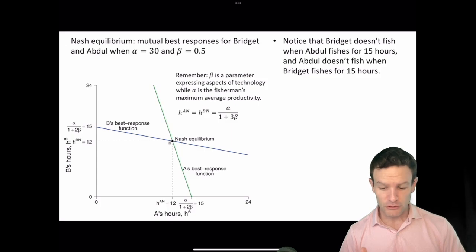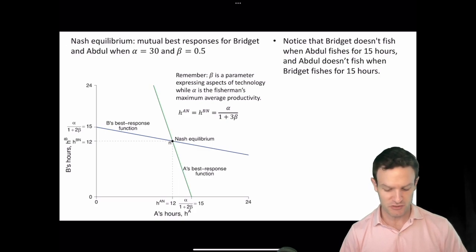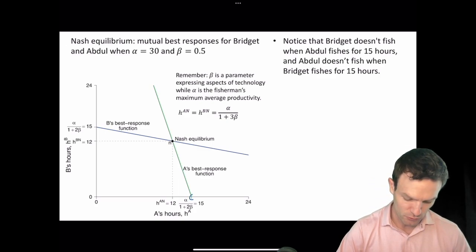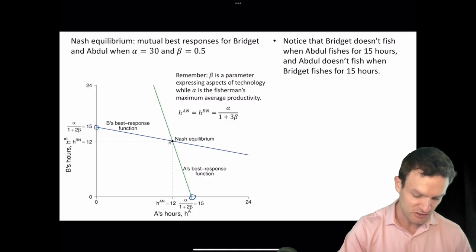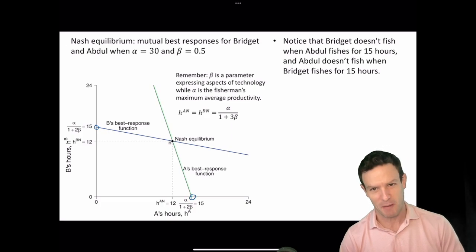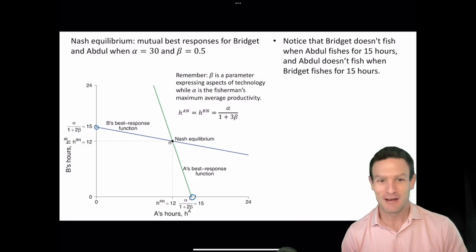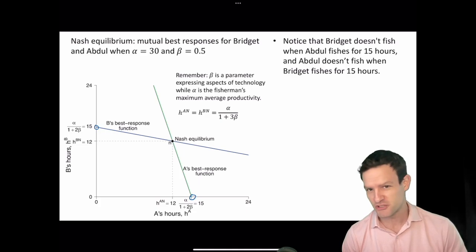So notice that Bridget doesn't fish when Abdul fishes for 15 hours, and Abdul doesn't fish when Bridget fishes 15 hours. We can see that through the intercepts between the best response functions with the x and y axes respectively. So if Abdul fishes 15 hours, Bridget doesn't fish.